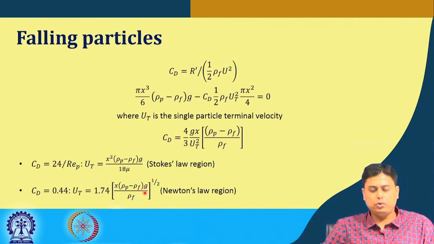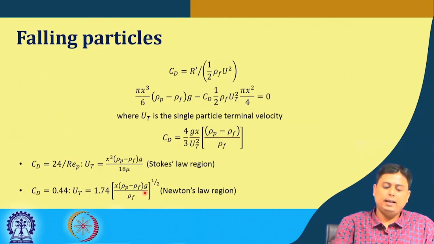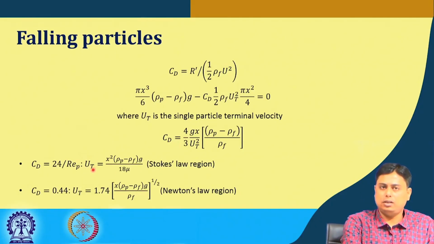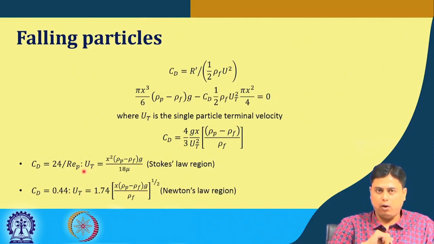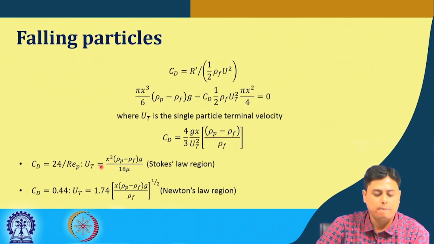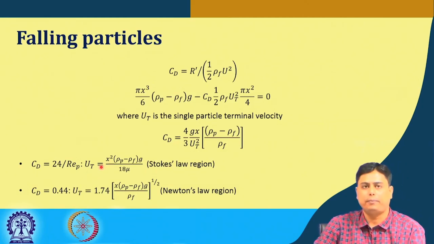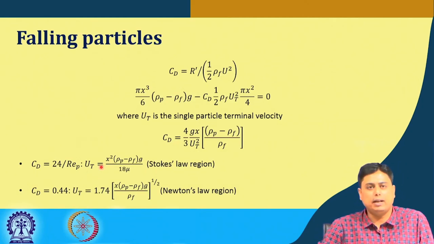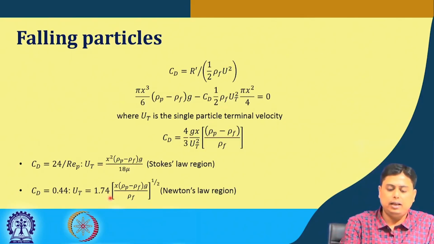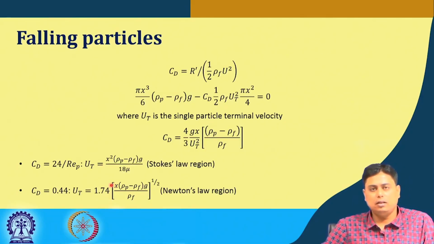Now, the point you should note here is that in the Stokes law region, the terminal velocity at which the particle will fall is proportional to the square of the particle diameter, and here in the Newton's law region it is proportional to the root of the particle size.